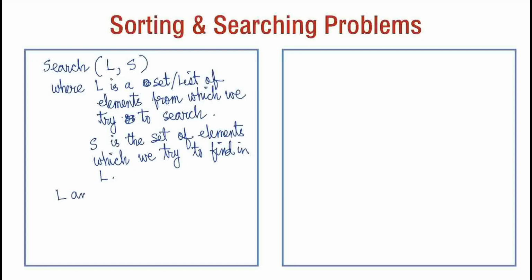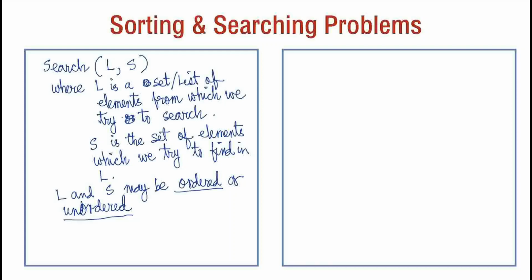L and S may be ordered or unordered, and depending on whether L is ordered, or S is ordered, or L and S are both ordered, the algorithmic strategies differ, and we have discussed this in great detail in our previous lecture.